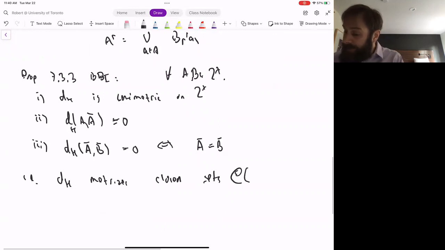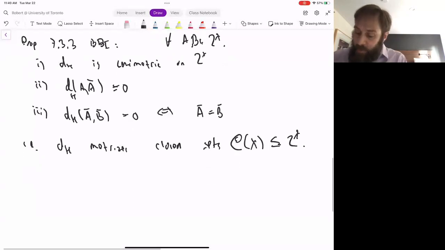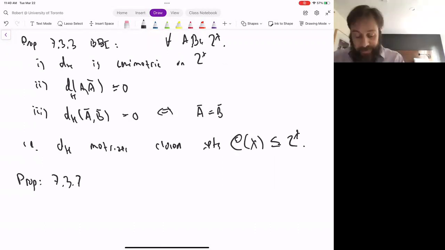I may denote that by script C in the set of subsets. And so a slightly more interesting proposition is that if the original space is complete, then this set inherits completeness.